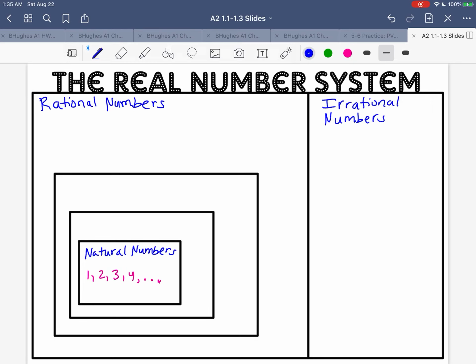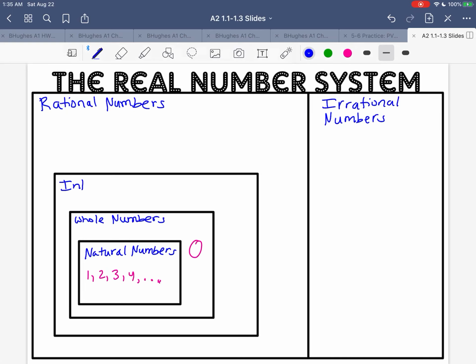Now, the next layer after natural numbers is whole numbers, and we already learned that whole numbers, the only new number we add to the natural numbers is 0. So that's really the only new whole number, but this does include everything that's inside it.